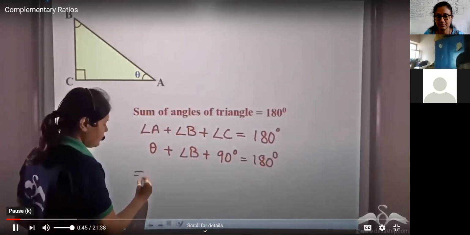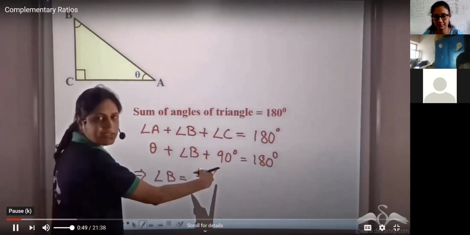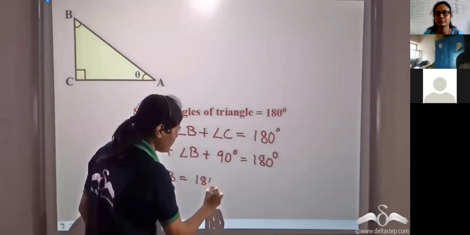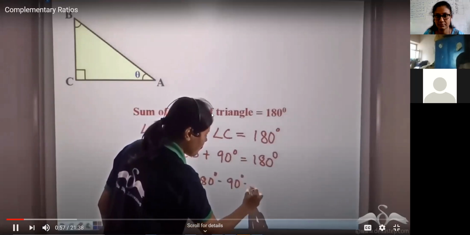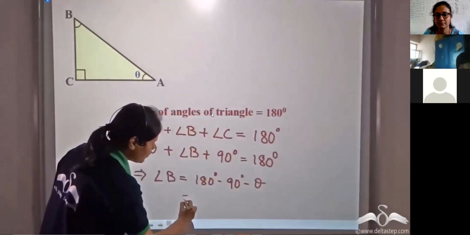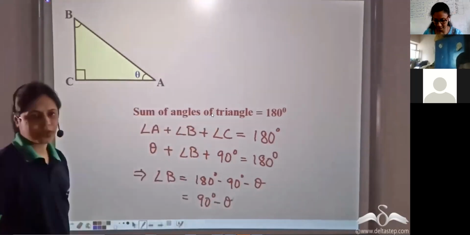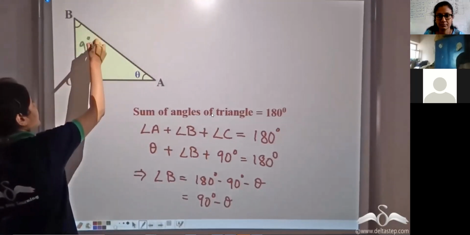So angle B is equal to 180 minus 90 minus theta, which is equal to 90 degree minus theta. So angle B is equal to 90 degree minus theta.